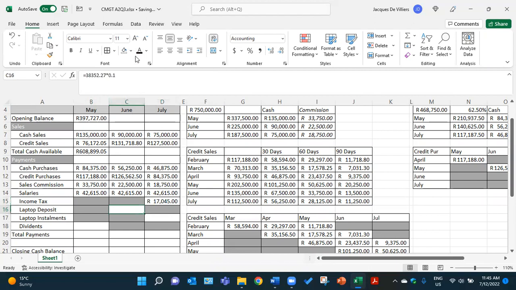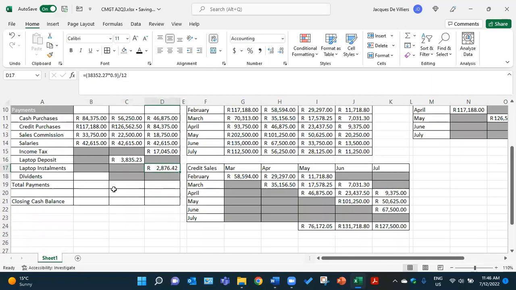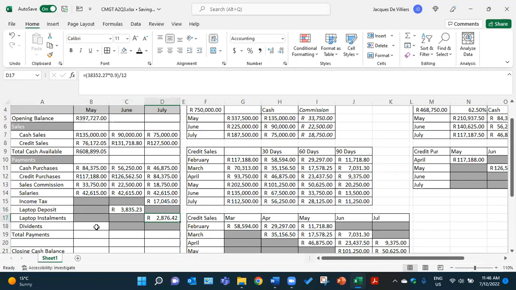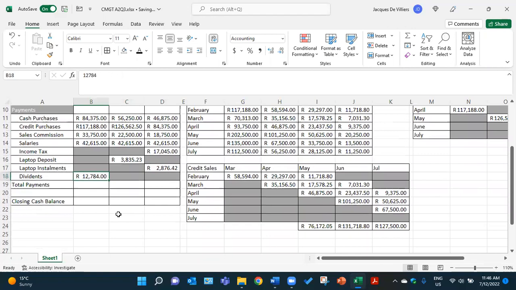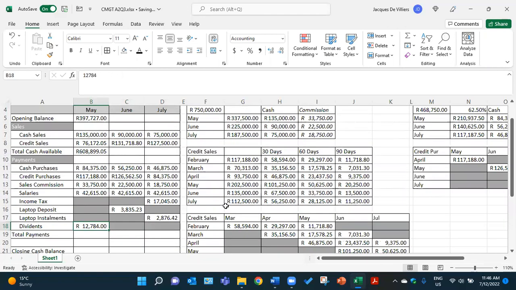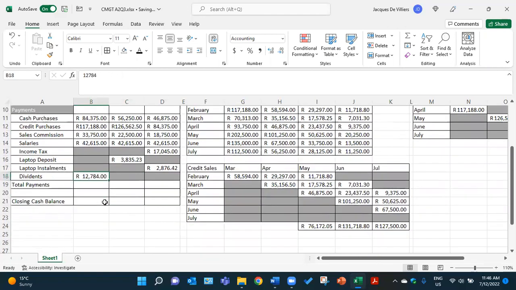We know that we paid 10% deposit on that laptop in June, and at the end of July, we start paying the installments. So the 90% that's left, that's why I multiplied with 0.9 there, divided by the 12 months that we have to pay it. And then in April, we declare dividends that we are only paying in May. Okay, and now I've accounted for everything that needs to be in here.